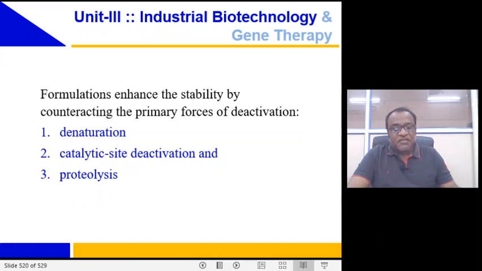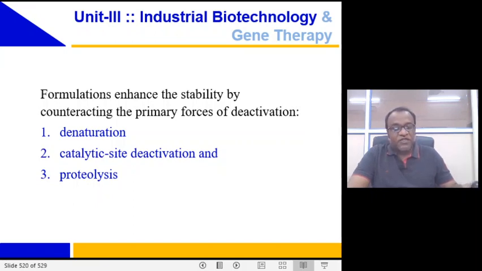And second thing, the best way to combat the active site inactivation is to ensure sufficient levels of any required cofactors, to add reversible inhibitors, and to exclude reactive or oxidizing species from the formulation. So formulation should not have any reactive or oxidizing species, so that it does not lead to catalytic site deactivation.